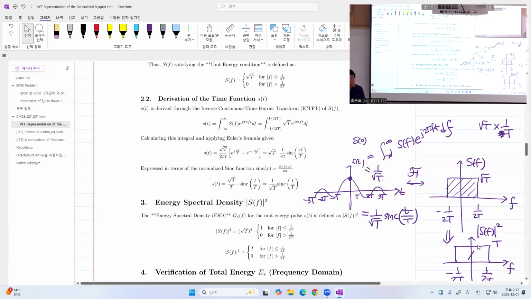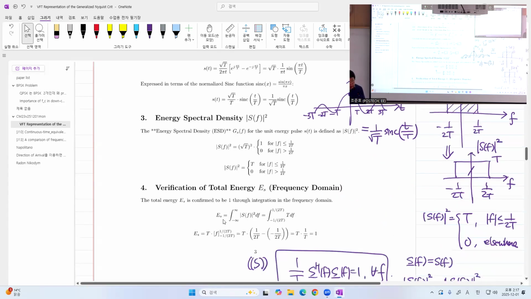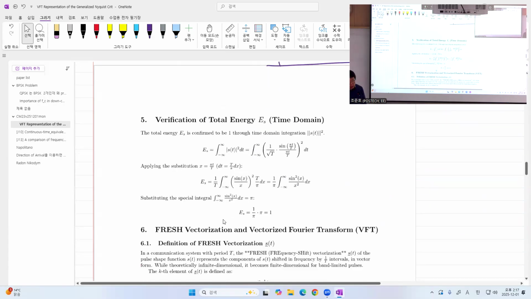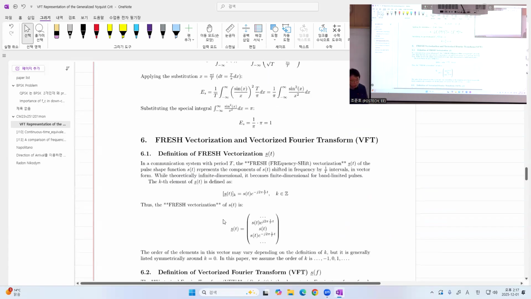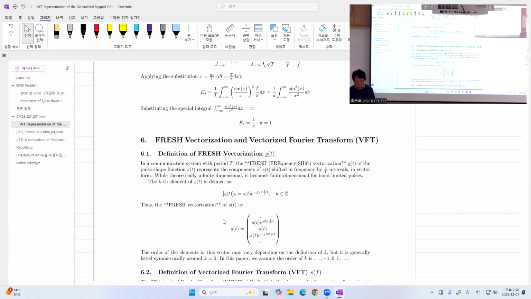Got it? So now with this concrete example, let's take a look at the general case. We consider a vectorized Fourier transform, and that can be related with the Fresh vectorization. So let me write it.